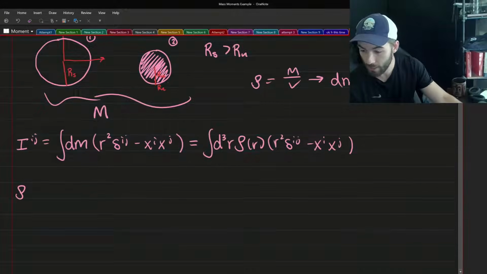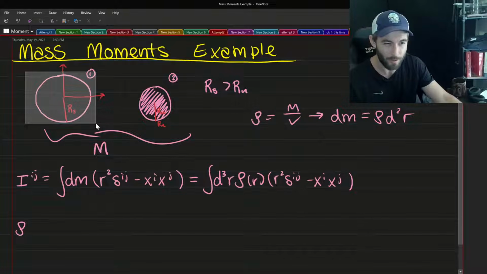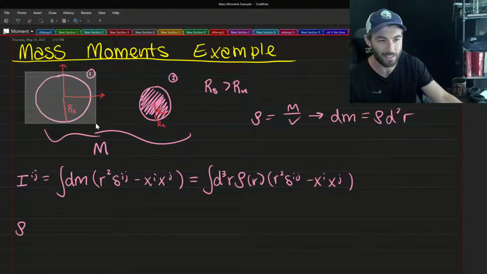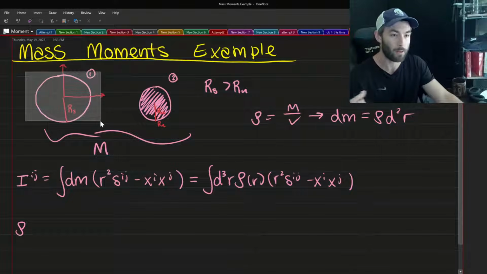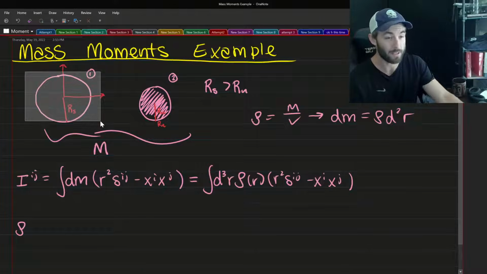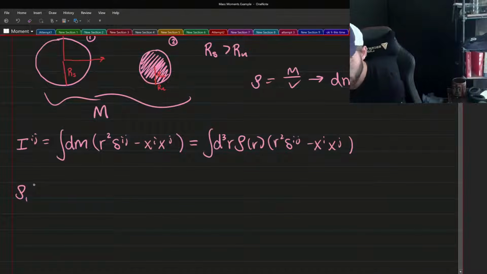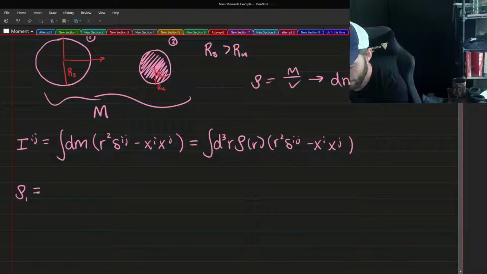For example, here we have mass that's spread over the shell. So it's a surface mass density, right? It's not really a three-dimensional density, but we can write it as a three-dimensional density where one of those density components is going to be a delta function. So if I say rho 1, the three-dimensional mass density for the spherical shell, well, what should that be?